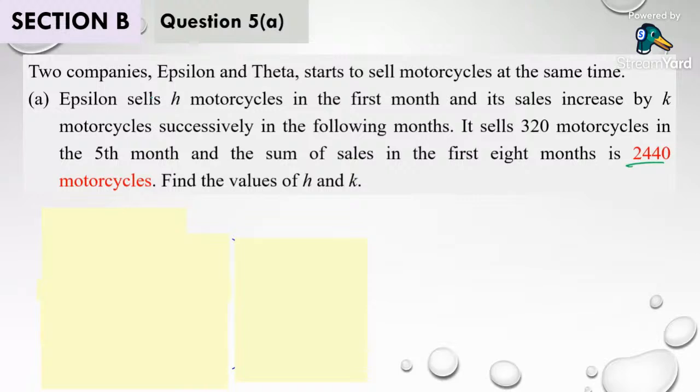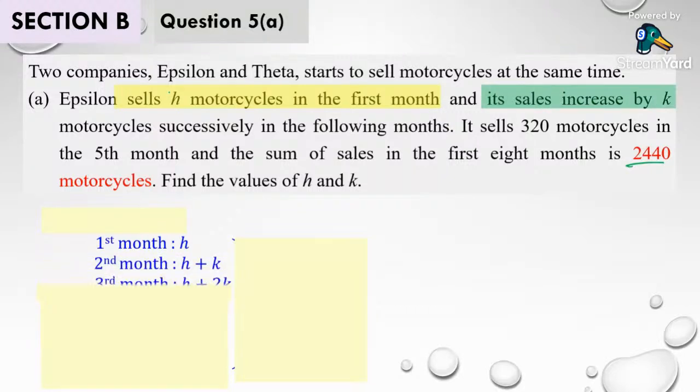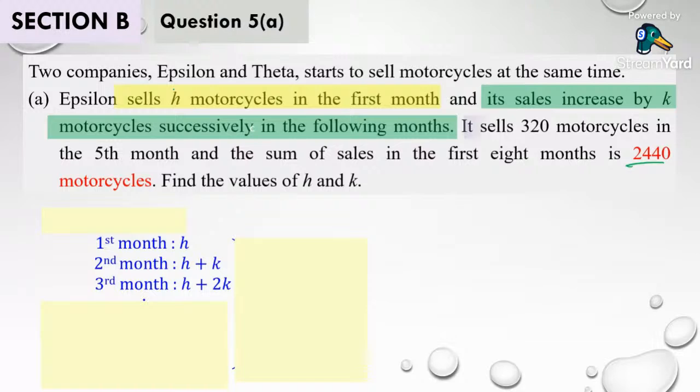Let us try to interpret the information here slowly. For the very first month, H motorcycles were sold. Then the sales increase by K successively in the following months. That means the second month will be H plus K, the third month, plus another K, becomes H plus 2K, and so on and so forth, until on the 5th month we have the exact figure of 320.